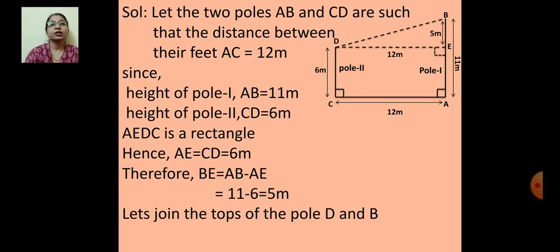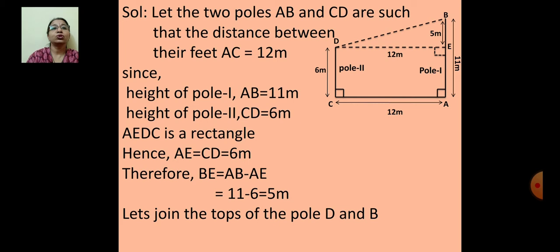So let the two poles be AB and CD, and poles are always perpendicular to the ground, and the distance between their feet is AC. So AC is how much? AC is 12 meters, and the height of pole 1, that is AB, is 11 meter.